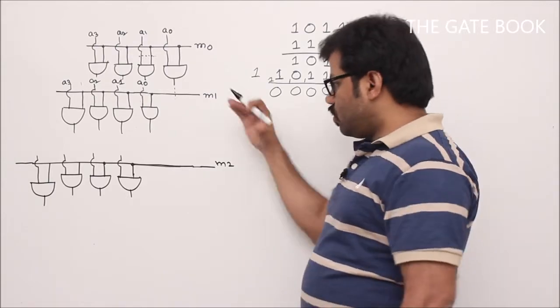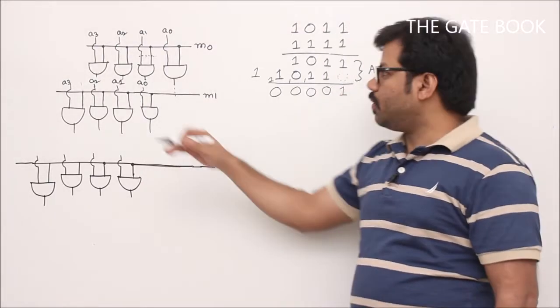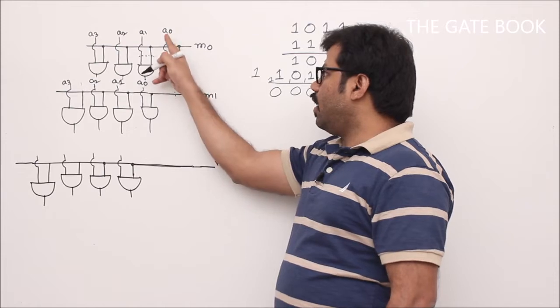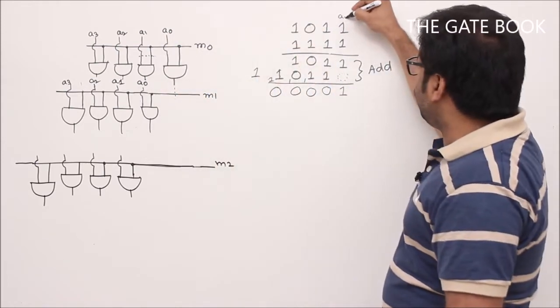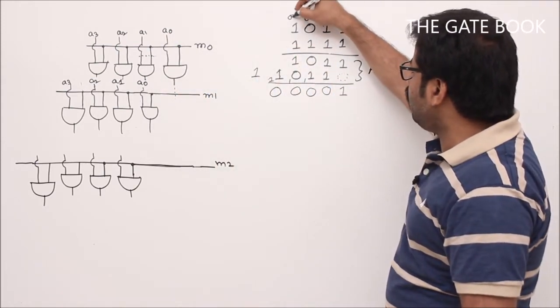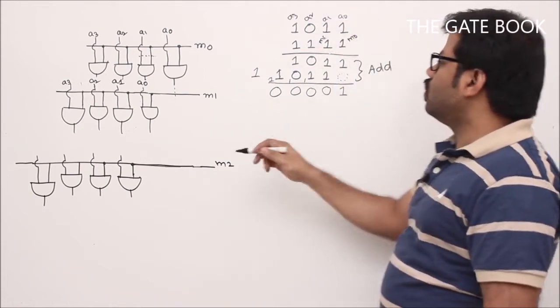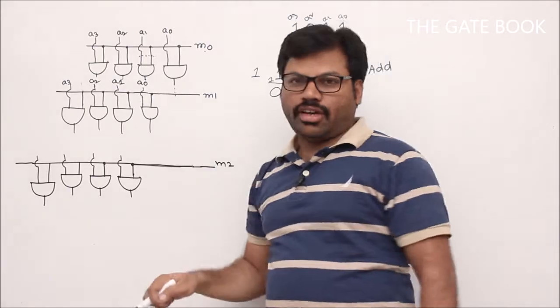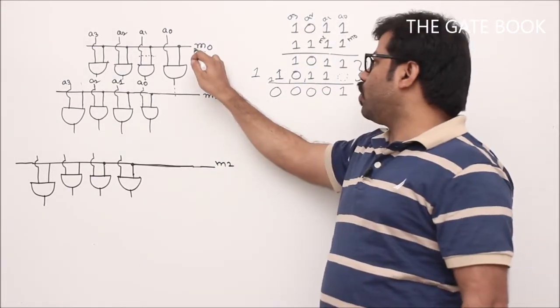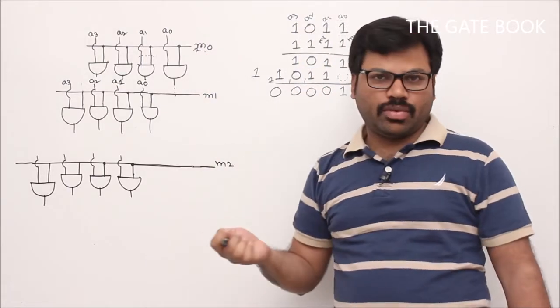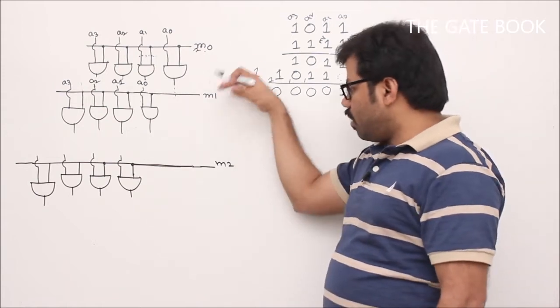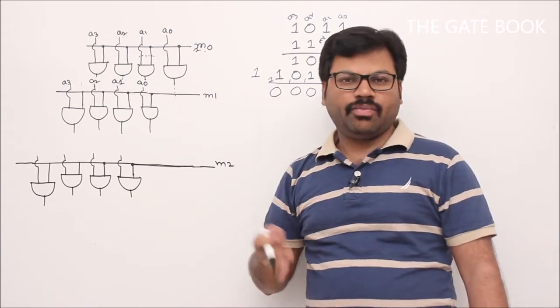Now I am showing with an example circuit. We constructed this already, right? a0 a1 a2 a3. This is a0, this is a1, this is a2, this is a3. This is your m0, this is your m1. So here I am going to give input m0. Example, m0 here 1, I am going to give 1, depends on that. m0 is a variable. So don't worry how this m0, m1, m2 will be generated. That's a separate story.